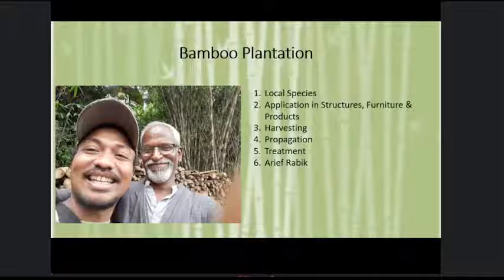We worked with a lot of people. Actually, we were given training on the bamboo plantation. Arif Rafiq is a person whose mother started the bamboo movement in Indonesia.